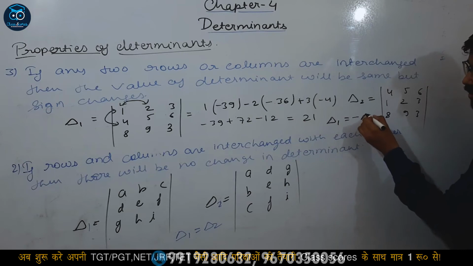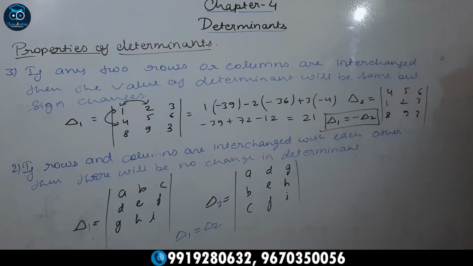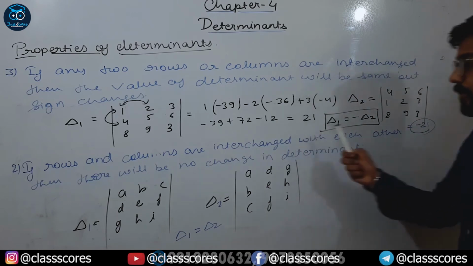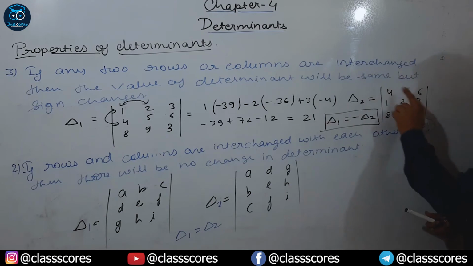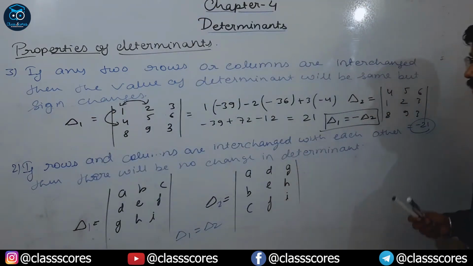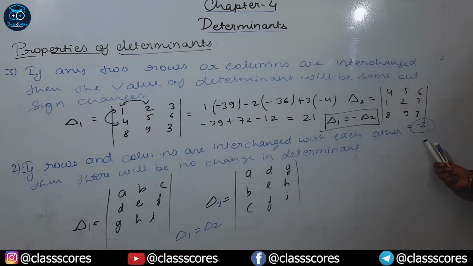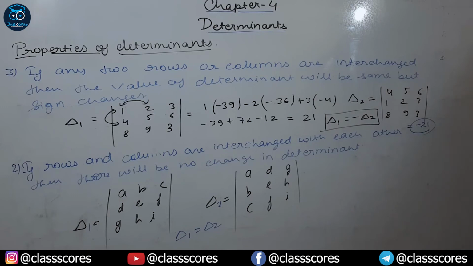Delta 1 is always equal to, if we solve this determinant, we will get minus 21. Here it is 21, here it is minus 21. The values are the same but the sign is different. Here it shows a positive sign, here it shows a negative sign, but both the values are exactly the same. This is our property number 3. Clear?